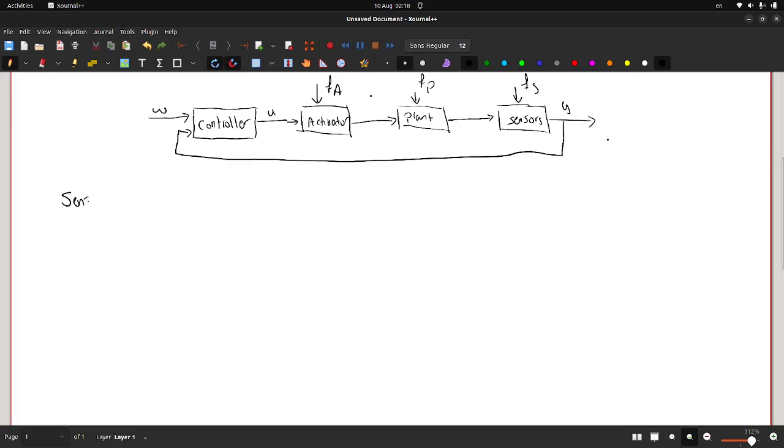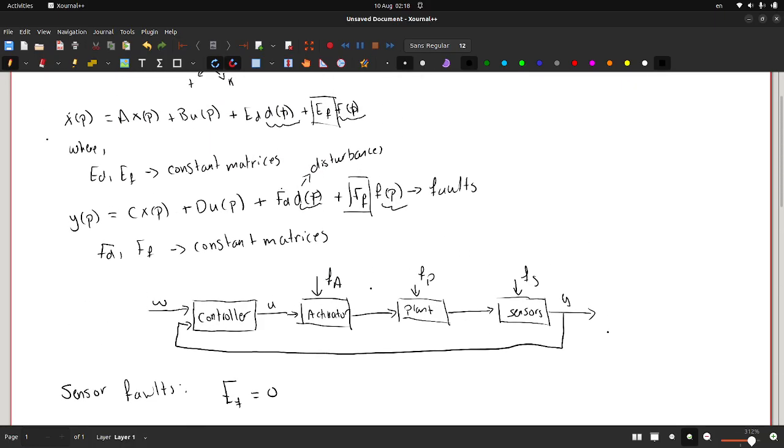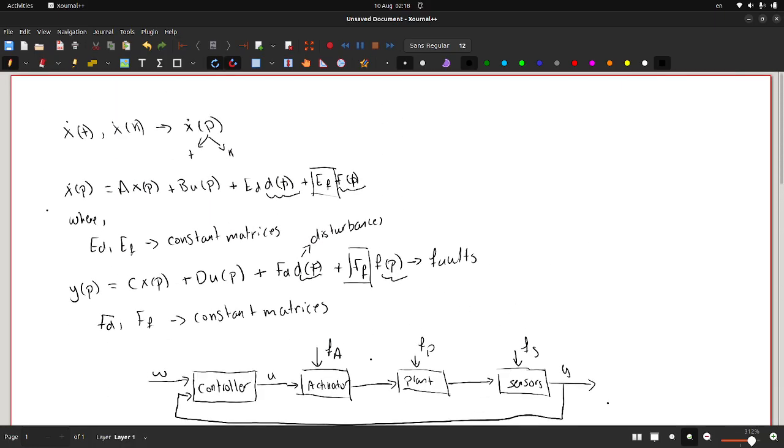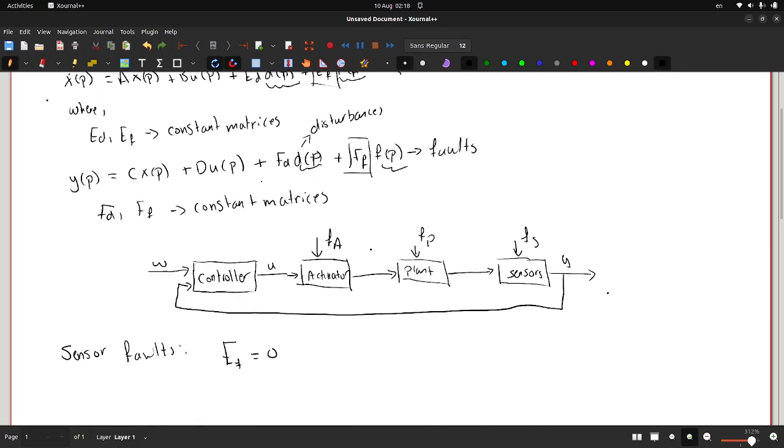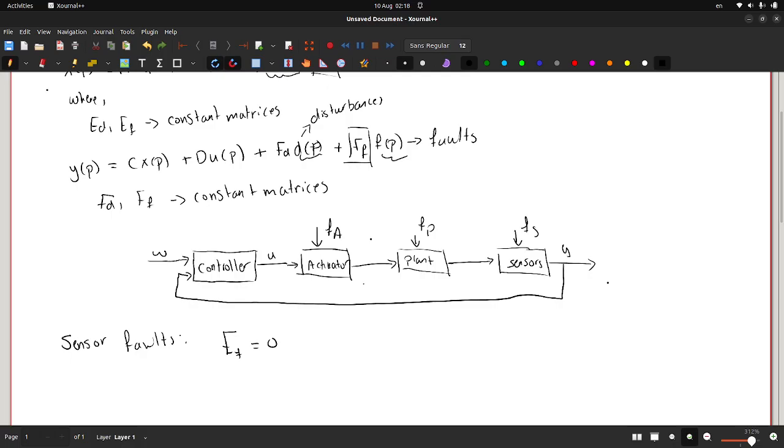For the sensor faults, we can have E_F as 0, since the sensor faults do not affect the states directly, but only the output. So E_F for the sensor fault should be 0.